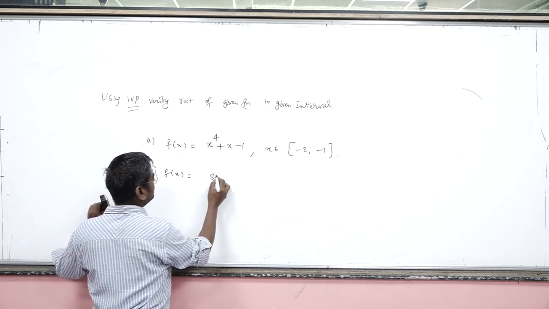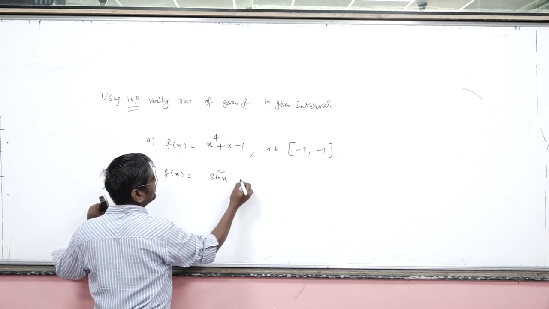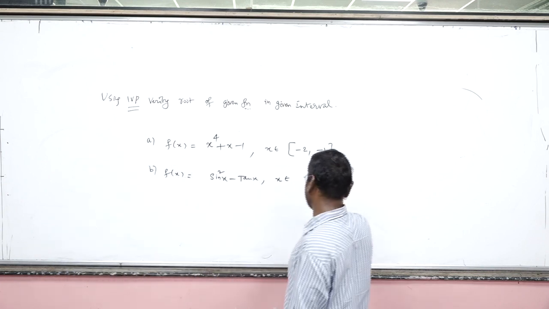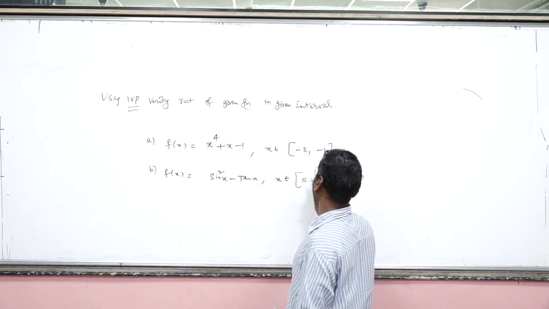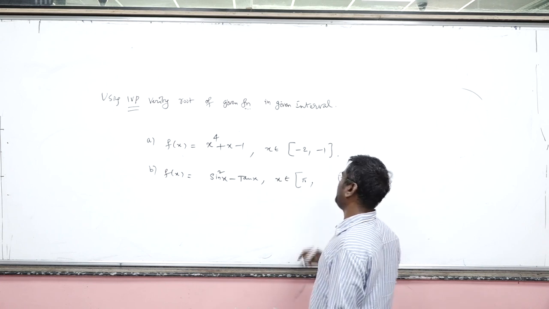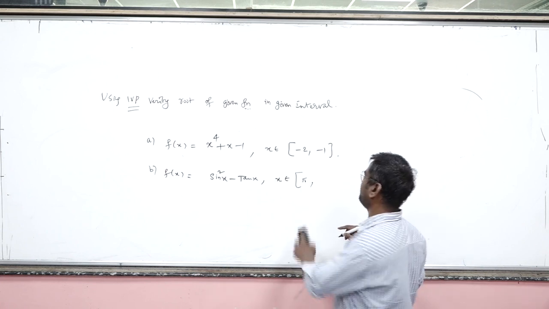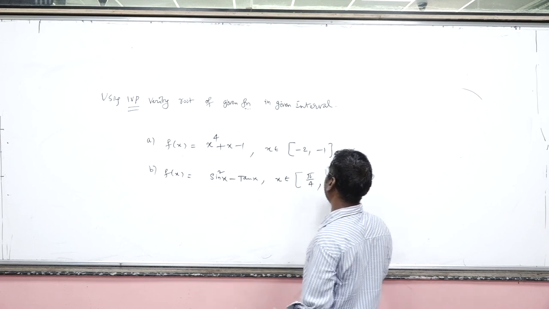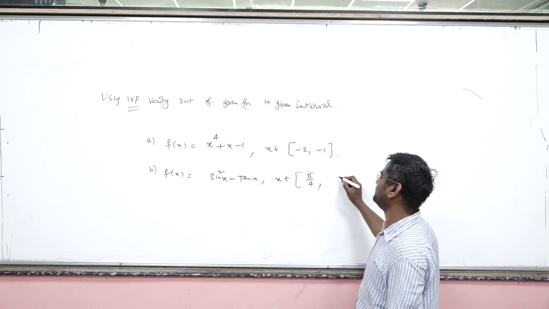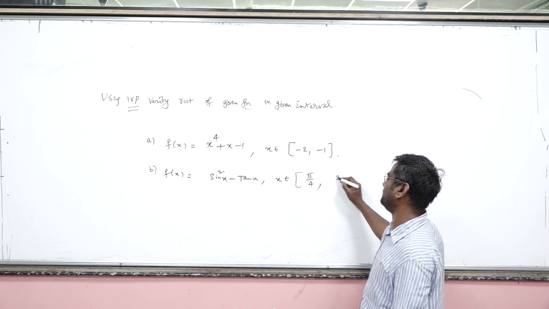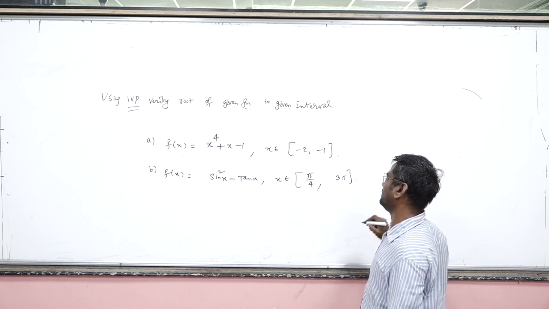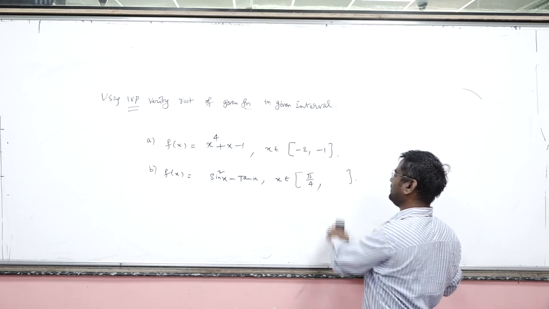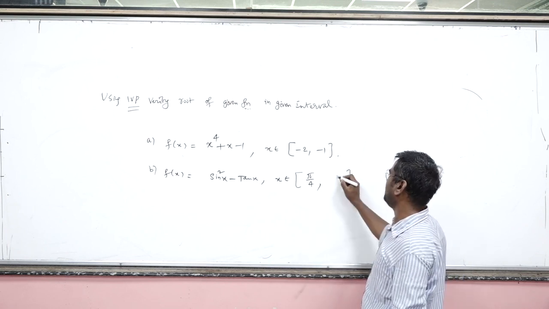F of x equal to sin square x minus tan x when x belongs to pi by 4 to, for example, 9 pi by 4.